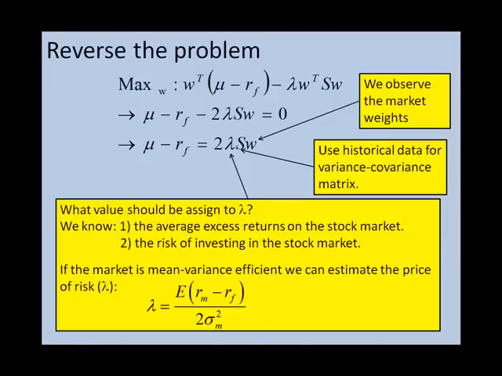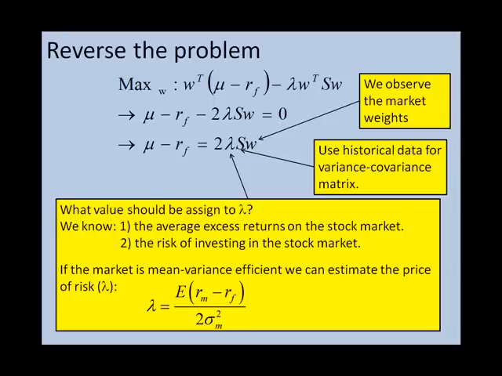Black and Litterman showed that portfolio weights are not very sensitive to the variance-covariance matrix. They found that changes in the variance-covariance matrix didn't lead to large changes in the optimal portfolio weights. So they recommend using historical data for the variance-covariance matrix.